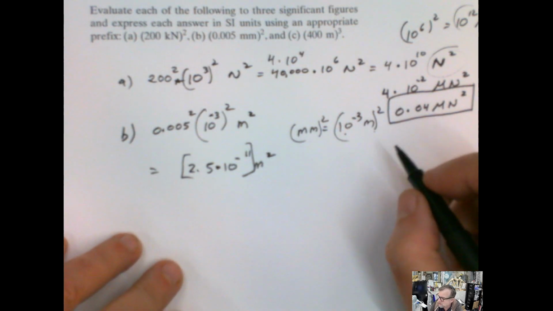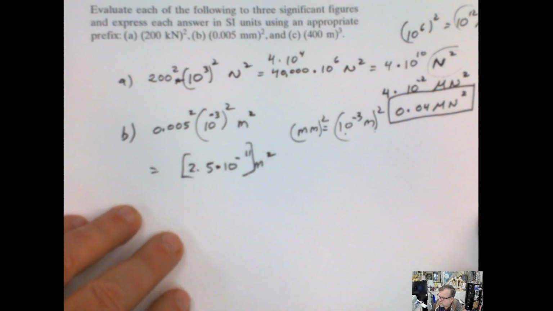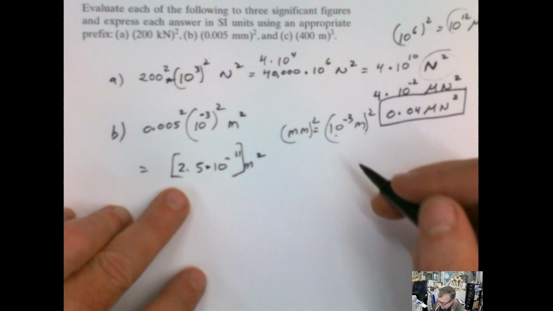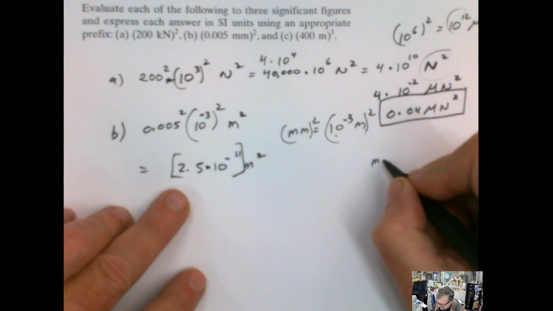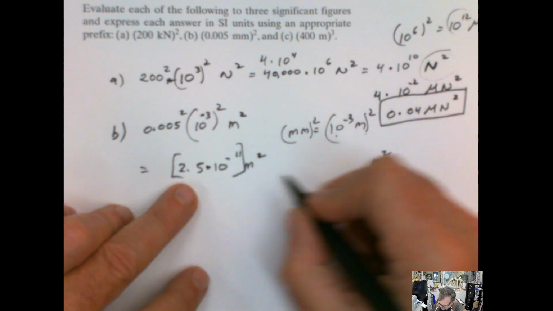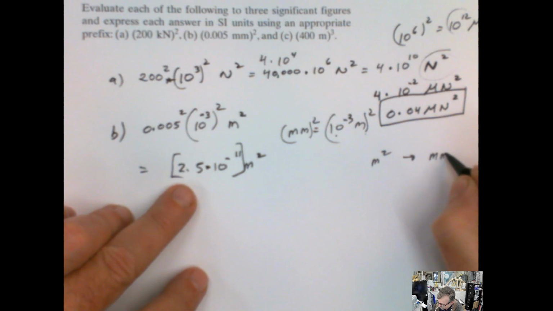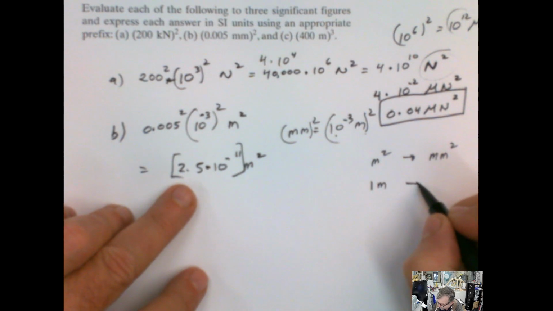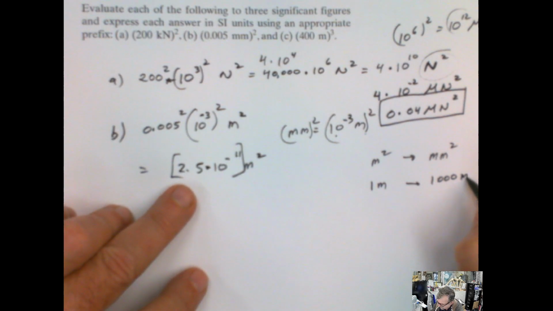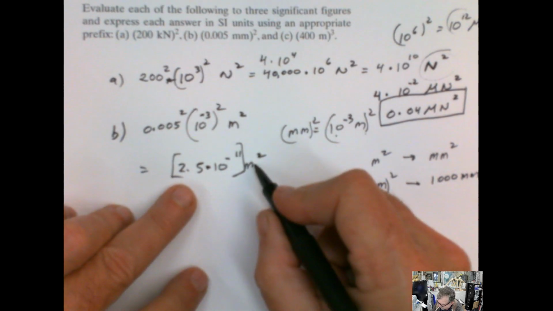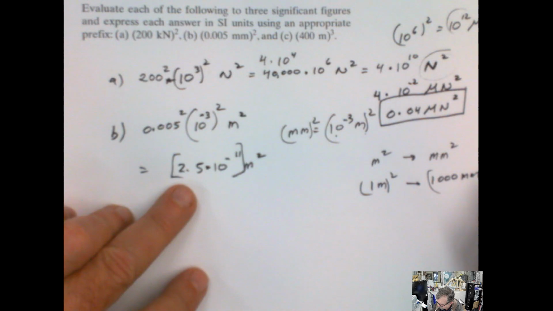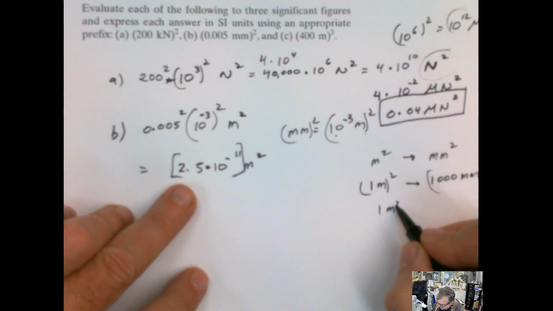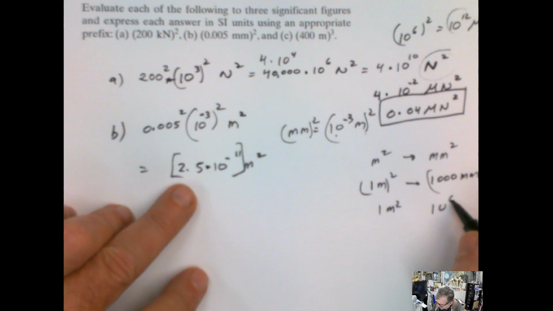Look, I know this is weird, and it's not an easy way to explain this when they have exponents. But let's say that I want to convert meter squared into millimeter squared. 1 meter is 1,000 millimeters. So 1 meter squared is 10 to the third squared, 10 to the 6 millimeters squared.